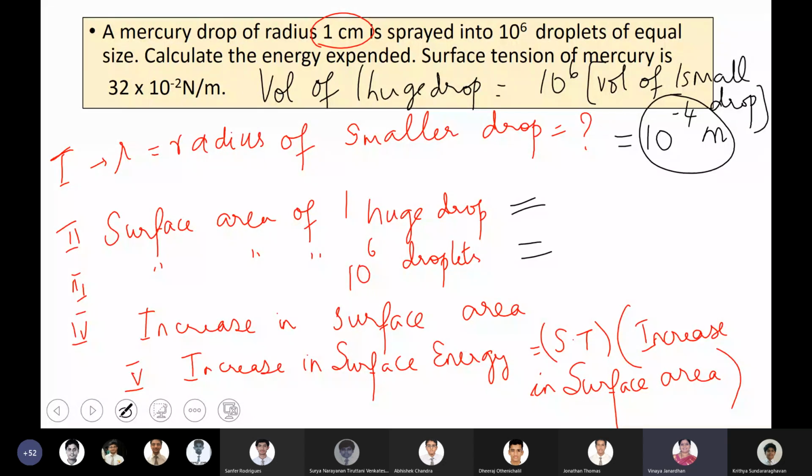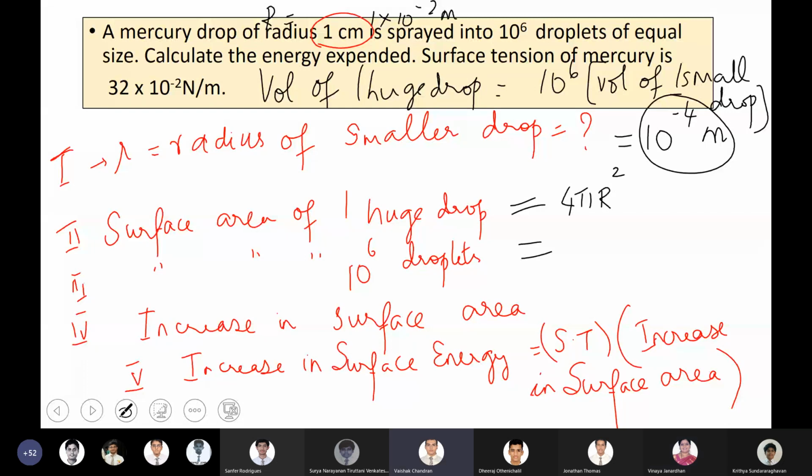Vaishak? Yes, ma'am. What is the surface area of one huge drop? What is the general formula? It will be 4 pi r squared. Correct. So what is r? R is 1 centimeter, which is converted to 1 into 10 to the power of minus 2 meters.